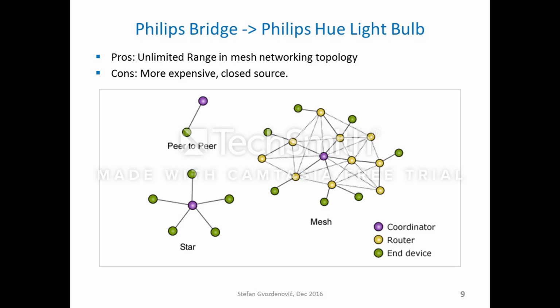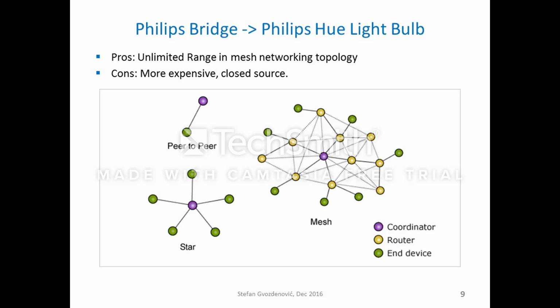Routers are always active and they route information from other nodes in case of mesh network. A light bulb would be an example of a router.